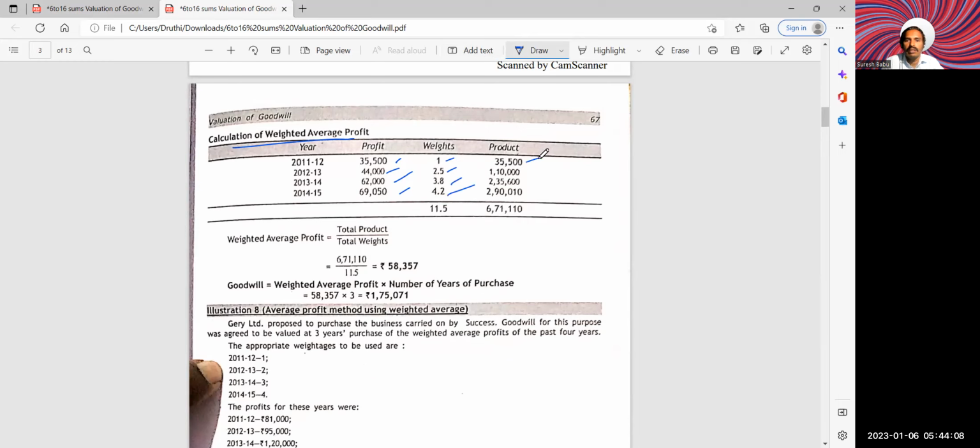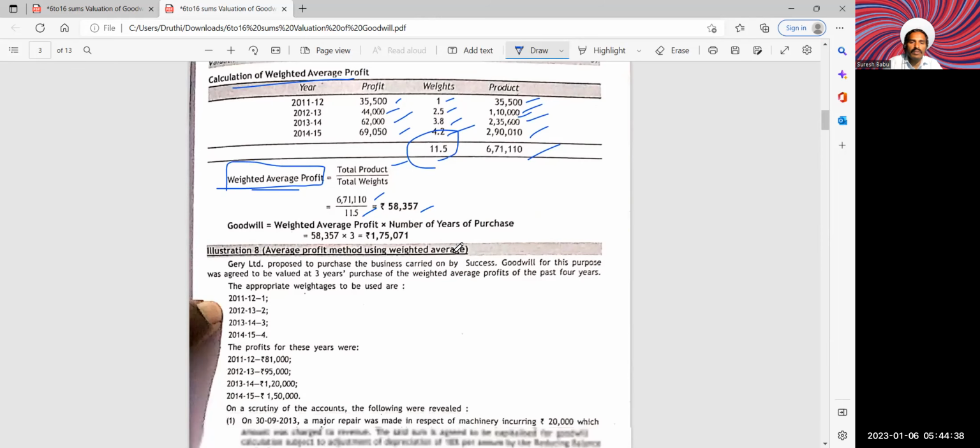Multiply: 35,500, 1,10,000, 2,35,600, 2,90,010. Total is 6,71,110, and total weights is 11.5. So weighted average profit, total product 6,71,110 divided by total weights 11.5, is 58,357.